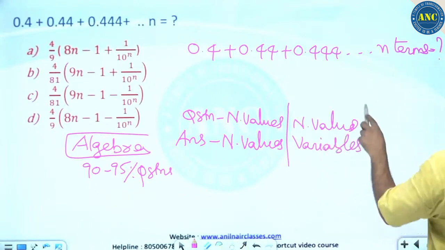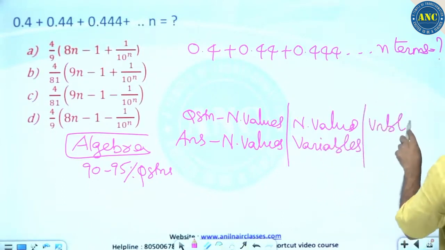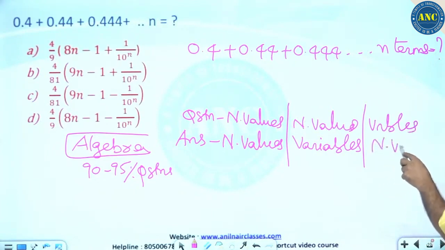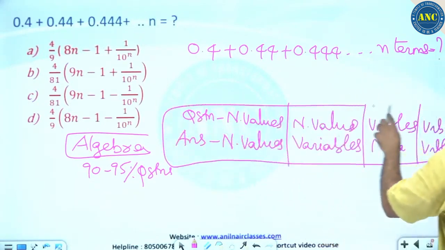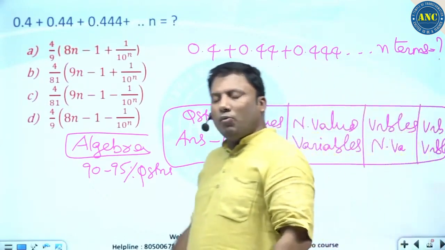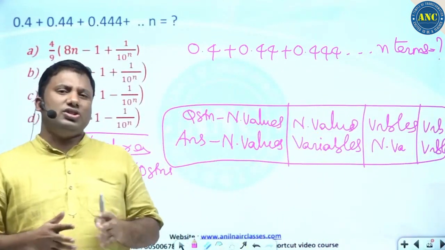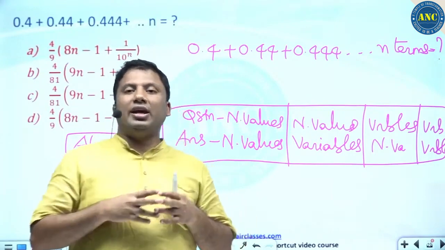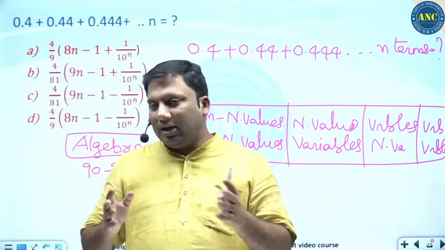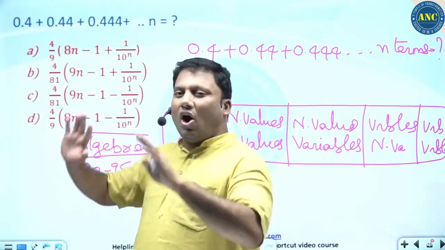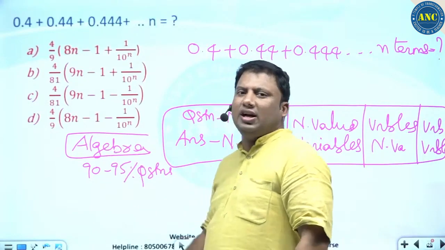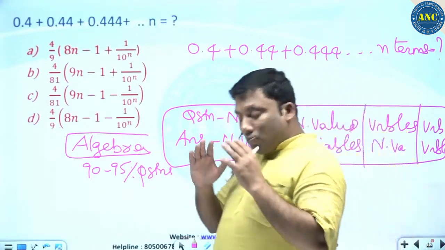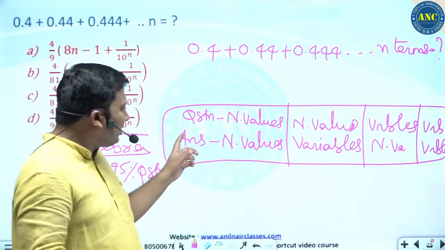Question contains variables, answer contains numerical values. Question contains variables, answer also contains variables. These are the four varieties of questions you will get from algebra. Almost any question in algebra, from linear equations, quadratic equations, polynomial equations, progressions, you will find almost all of them here. There will be some miscellaneous questions which we keep under the 5 to 10% category.